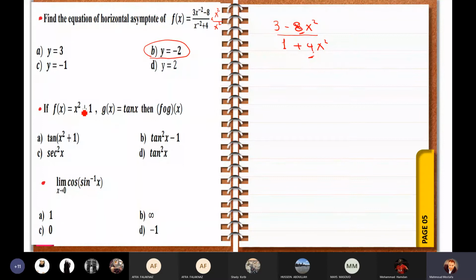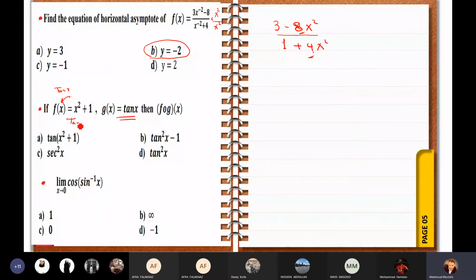If f of x equals x squared plus 1 and g of x equals tan x, then f of g of x will be which one? We need f of g of x. So instead of x here, I will put g of x, which is tan x. F of tan x means remove x and put tan x.